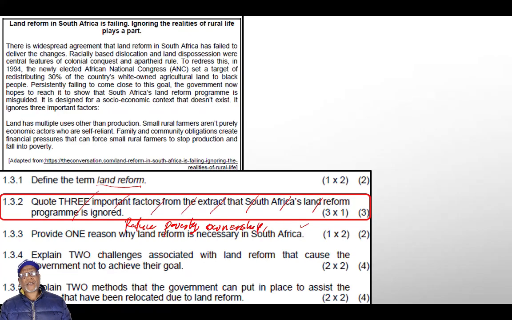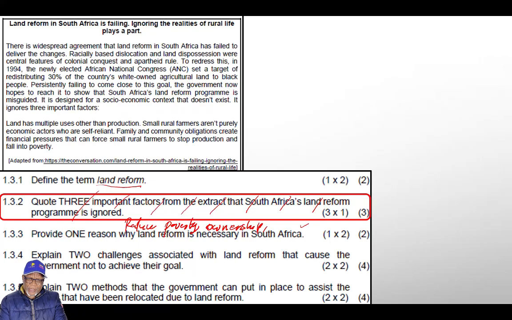It doesn't have one answer. It depends on your interpretation of this question, so long as you can give the reason why people must be provided land. Why must the challenges of land be addressed? So it has a variety of options. There are too many reasons for us to give here.